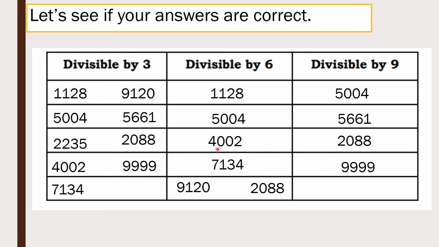The numbers that are divisible by 6 are 1,128, 5,004, 4,002, 7,134, 9,120, 2,088. Numbers that are divisible by 9 are 5,004, 5,661, 2,088, 9,999. So, if you are correct, well done for this learning task.